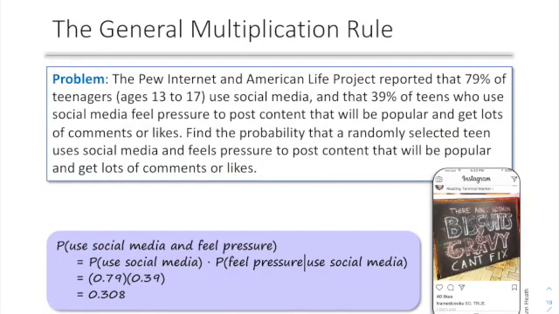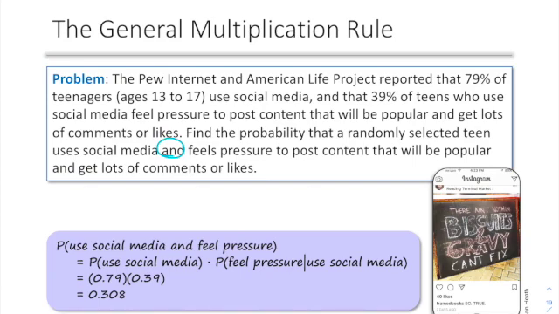So, the Pew Internet and American Life Project reported that 79% of teenagers aged 13 to 17 use social media, and 39% of teens who use social media feel pressure to post content that will be popular and get lots of comments or likes. Find the probability that a randomly selected teen uses social media and feels pressure to post content that will be popular and get lots of comments or likes.